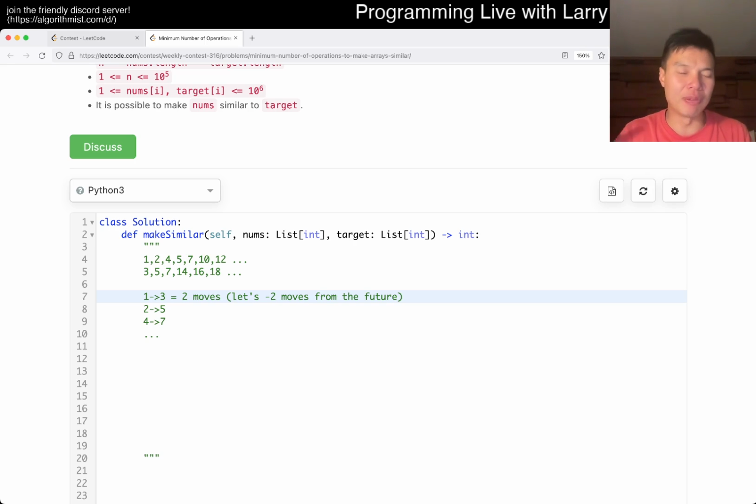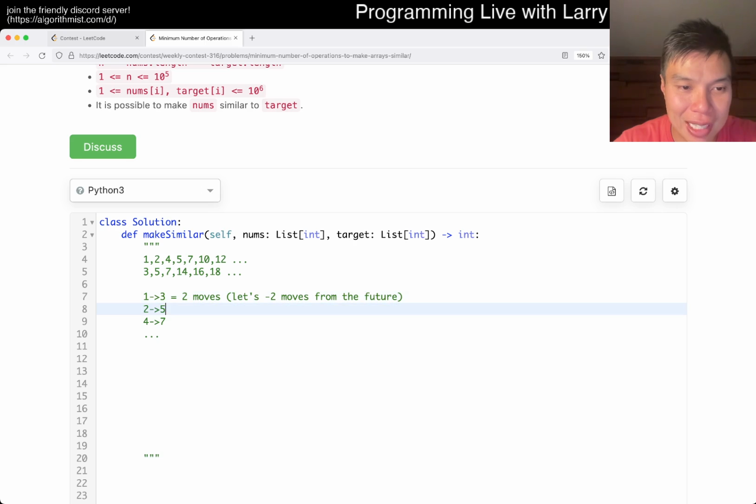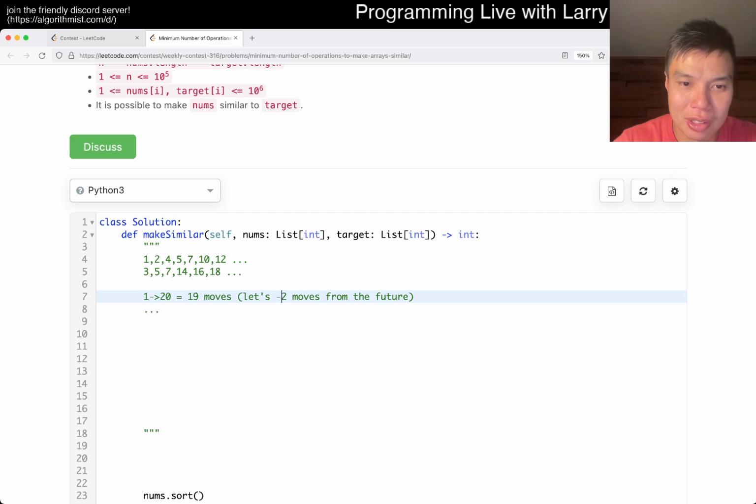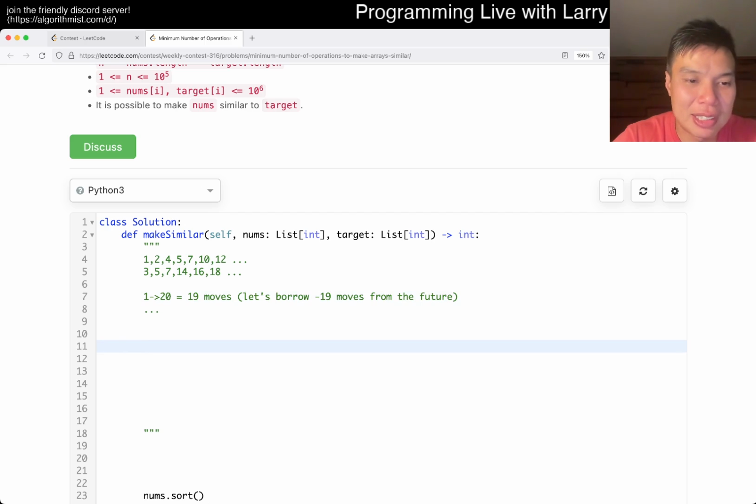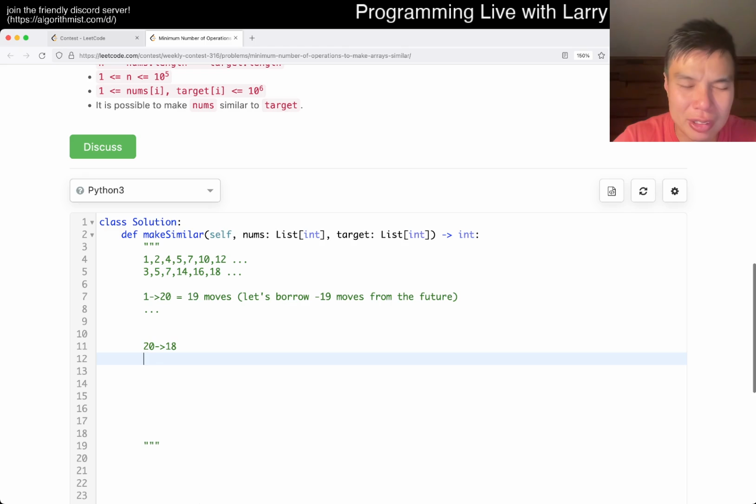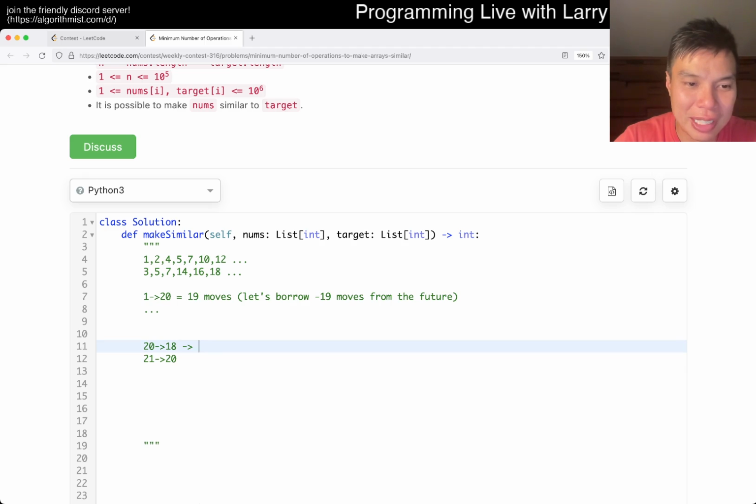It's almost like you have a lot of cups with water, and you're just pouring it into some of them, and in this case the moves don't have to be 1-to-1, which allows this to happen as well, right? What I mean by that is, let's rewrite this a little bit. Let's say we do 1 to 20, so this requires 19 moves. Let's borrow -19 moves from the future, and then in the future it may be that you just have 20 to, I don't know, 18, 21 to 20, and this means that you use -2 moves, use -1 move, right?